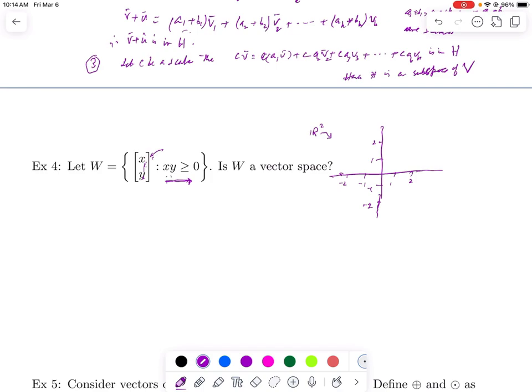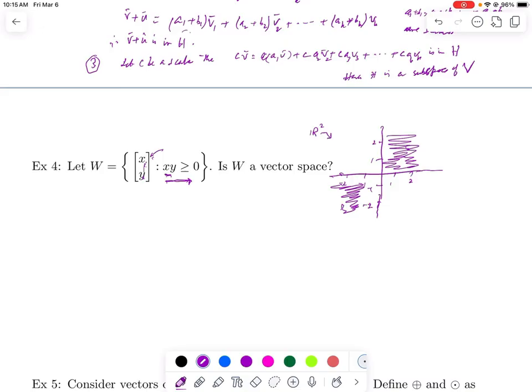This means that x and y must have the same sign, because positive times positive is positive, negative times negative is positive. So we are talking about this region and this one. We can either have both positive components or both negative components. So do you think it is true?